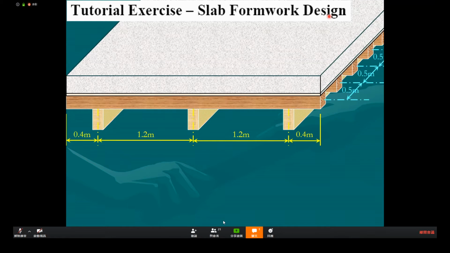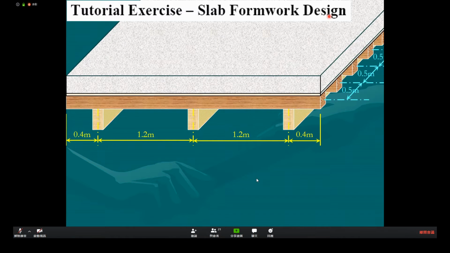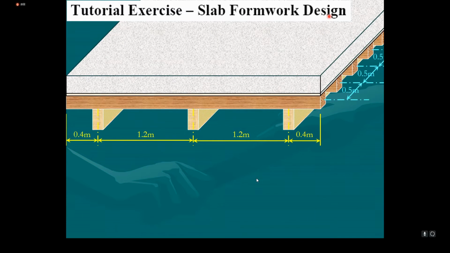Okay. But when you handle your group project next week, you should check deflection as well. Okay. So you always check bending moment, shear, and deflection for plywood, joist, as well as barrels.